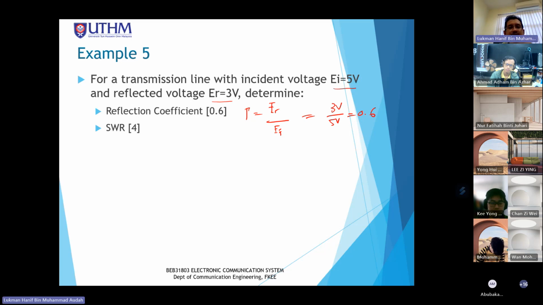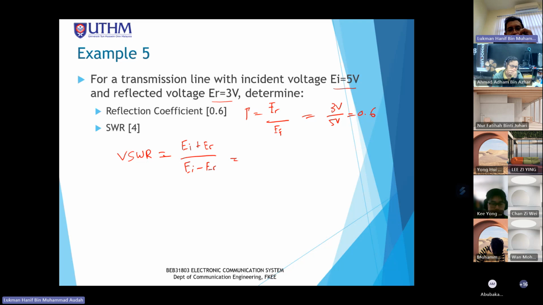Okay. What about SWR? SWR or VSWR is equal to Vmax over Vmin. So it is EI plus ER divided by EI minus ER.